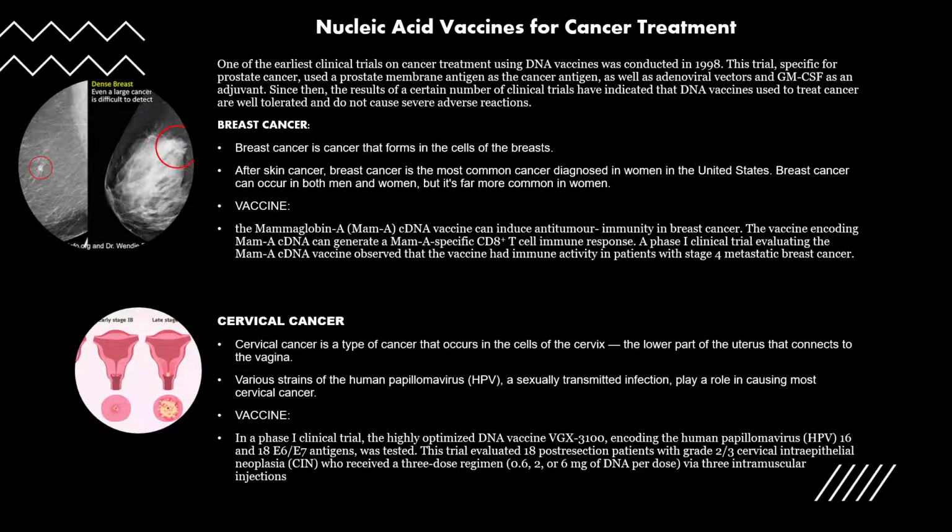Cervical cancer. In a phase 1 clinical trial, the highly optimized DNA vaccine VGX3100 encoding the human papillomavirus 16 and 18 E6/E7 antigens was tested. This trial evaluated 18 post-resection patients with grade 2 or grade 3 cervical intraepithelial neoplasia, who received a 3-dose regimen via 3 intramuscular injections. An IFN-gamma ELISpot assay found that 78% of the subjects had an increased T helper cell 1 cellular immune response.